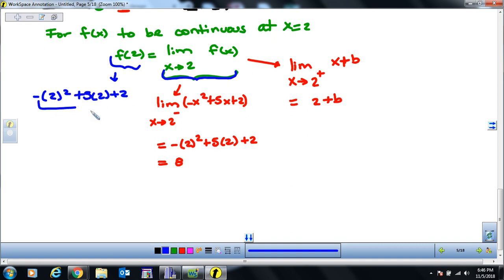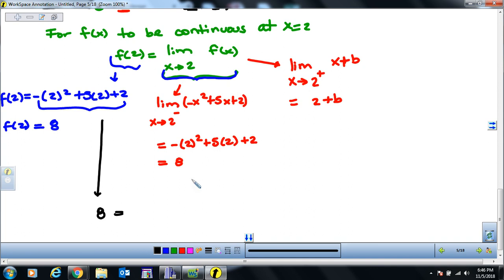So f of 2 is going to give me nothing more than 8, right? Which is the same thing as what I had already gotten here. But I'm trying to set all this, which is 8, equal to all this, which is going to be equal to 2 plus b.